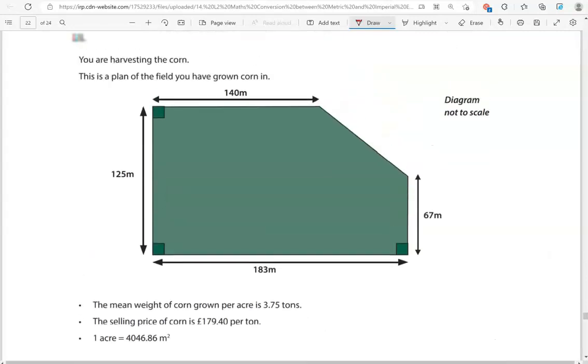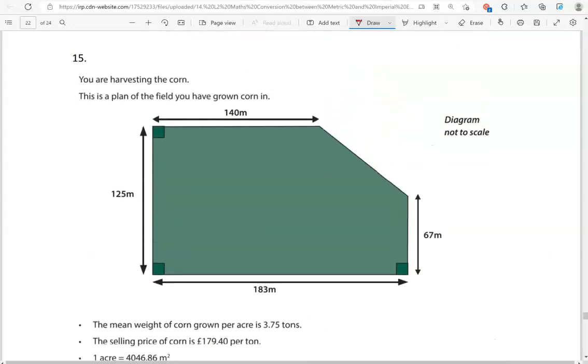So we've got the dimensions of the field. To work out how much corn will grow in it, we need to work out the area. So what I'm going to do is add this bit in here, and then we'll take away this area of the triangle.